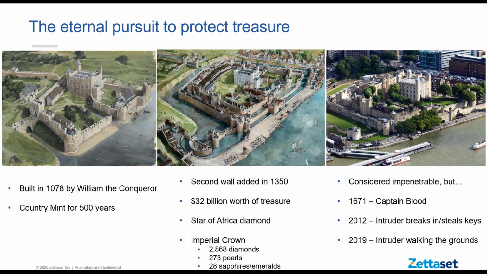You've seen that the defenses have continued to have to grow based on the most coveted asset out there since the beginning of time for us, which is treasure, cash, gold. These are items that William the Conqueror realized had to be protected. And this is where the currency and the mint was for almost 500 years.